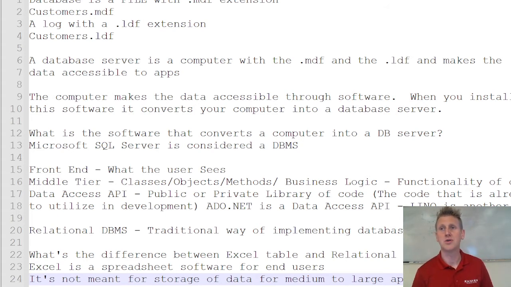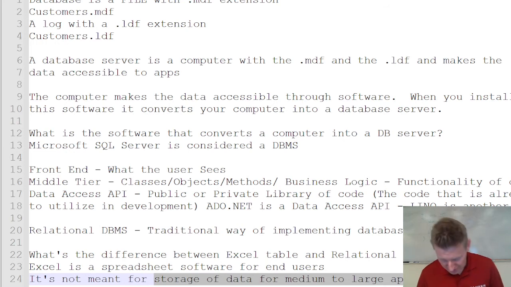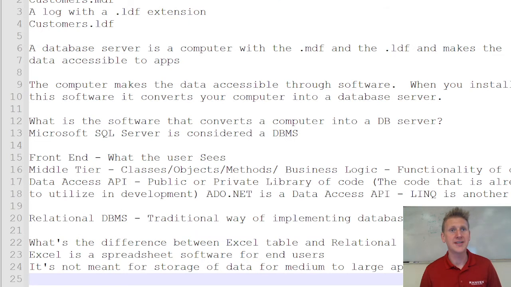You're not going to store millions of customers. You really shouldn't be, for a modern application. Because Excel is not scalable. It doesn't scale well. You find out when you start storing data in spreadsheets, there's a lot of information to store.